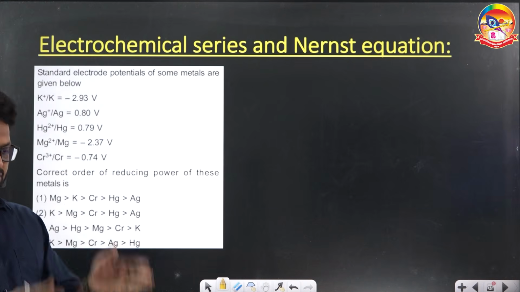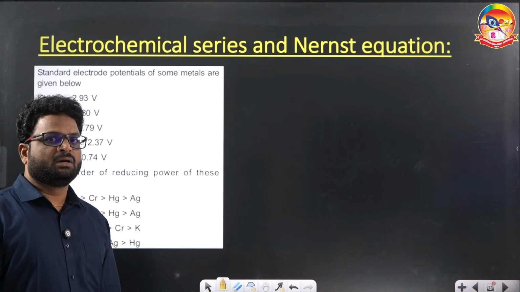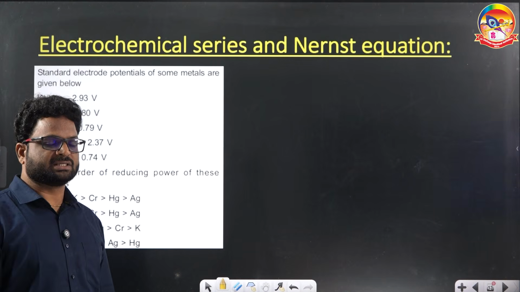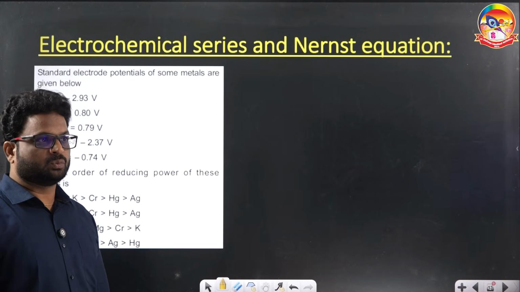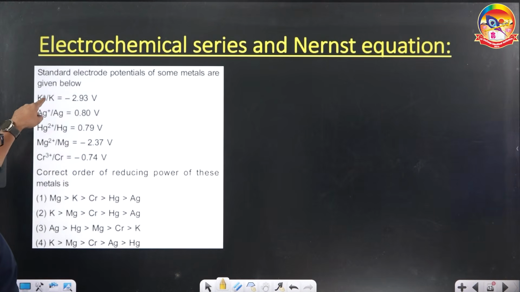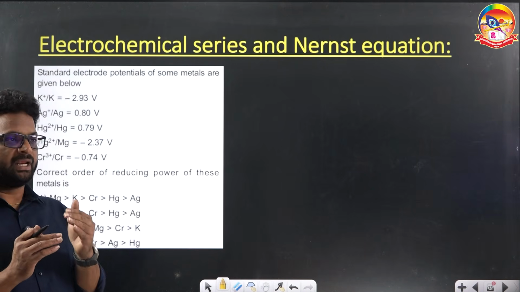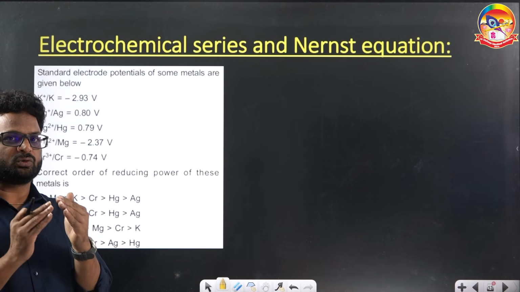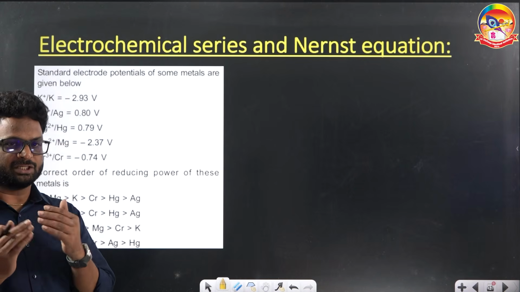What is the electrochemical series? The particular arrangement of different species in the order of their electrode potentials, especially SRP values. What do those values represent? The negative or positive values of SRPs. If a species has negative SRP, it means it has less tendency to undergo reduction when compared with H+.